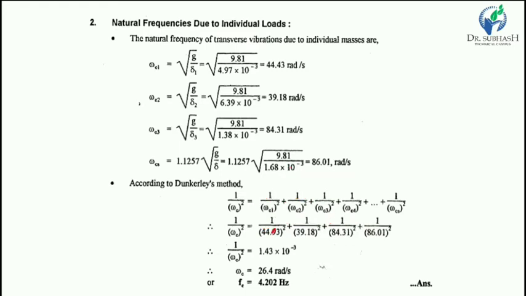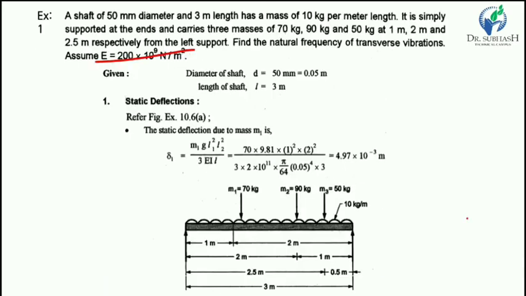But it is the individual mass frequency; no other mass is considered. Let's understand with the figure. If you consider mass 1, then mass 2 and mass 3 are not considered, and the self weight of the shaft is also not considered.